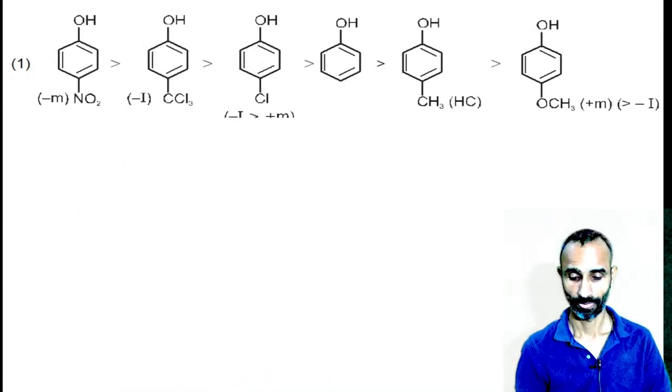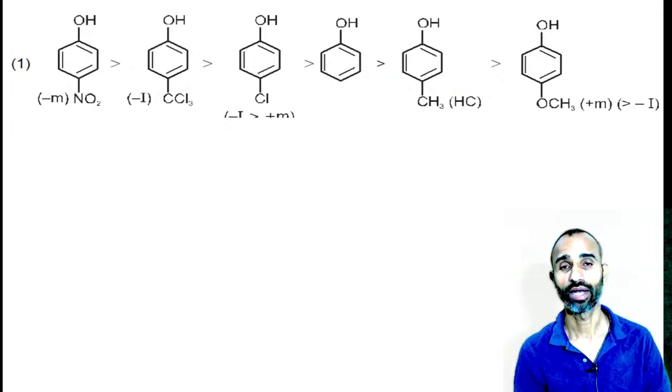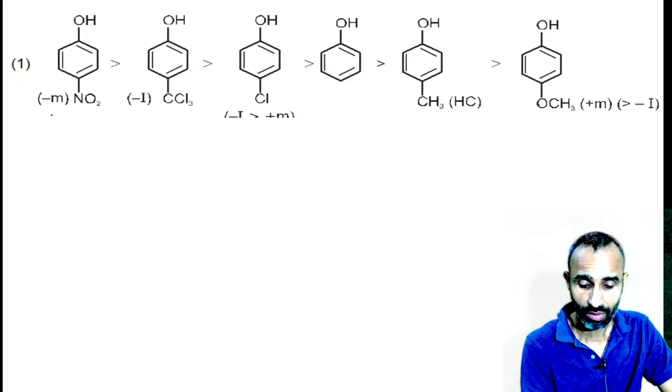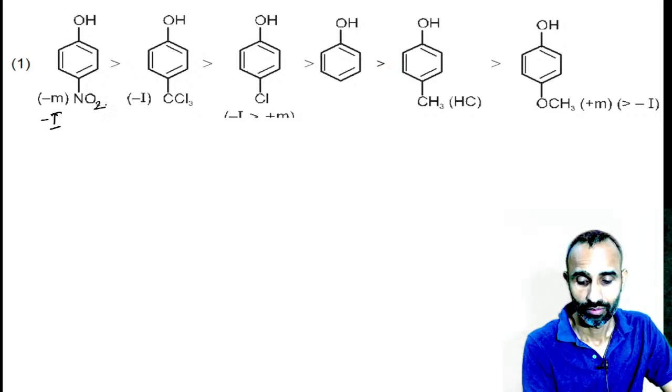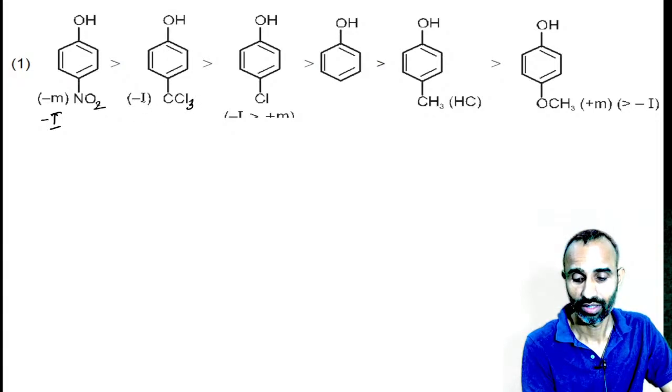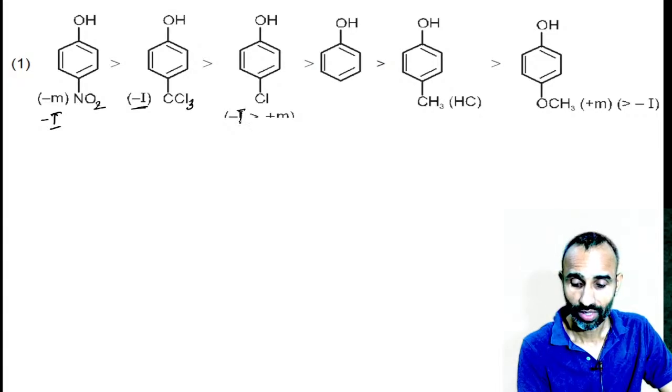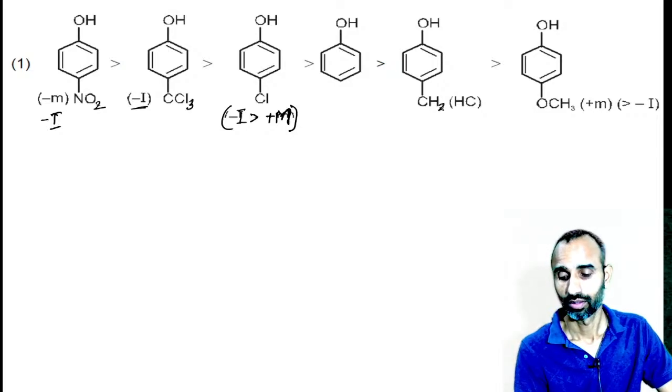Okay, first is NO2 having minus M effect dominating over minus I, but both are in the same direction. In case of CCl3 it has minus I effect. In case of chloro it has minus I, which is dominating over plus M. CH3 has hyperconjugation.